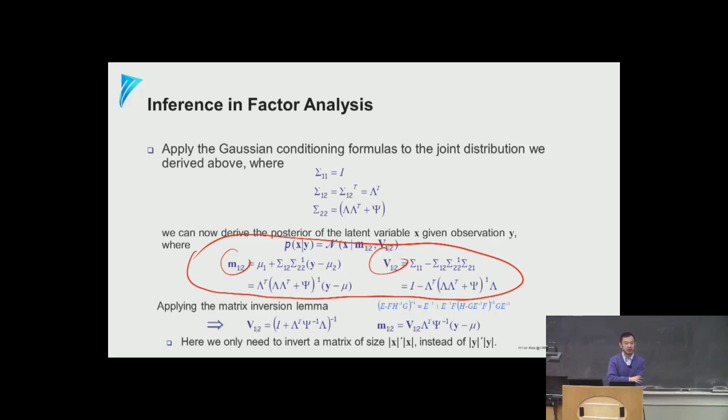Computationally, you may scratch your head because if you look at this, originally, you only have this phi, which is basically the covariance of the noise coming out of x or coming out of y, which is usually a diagonal matrix. Therefore, inverting or whatever, you don't care, right?